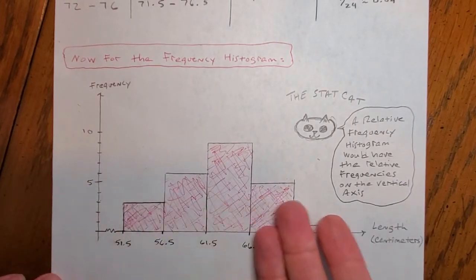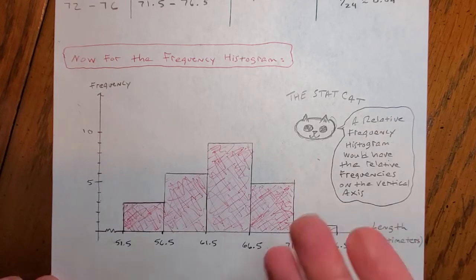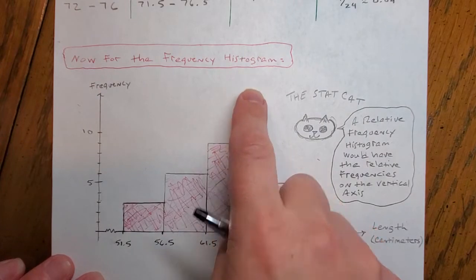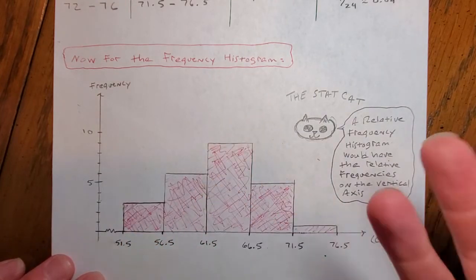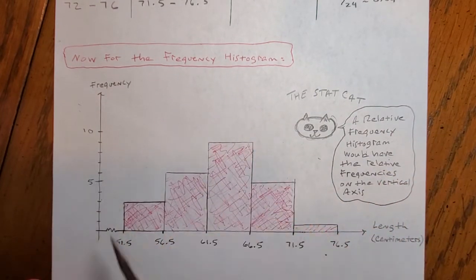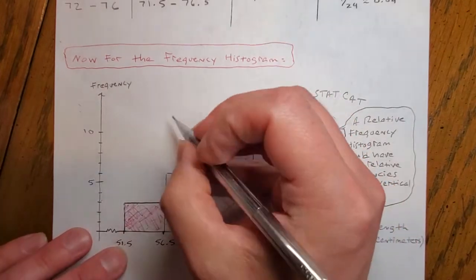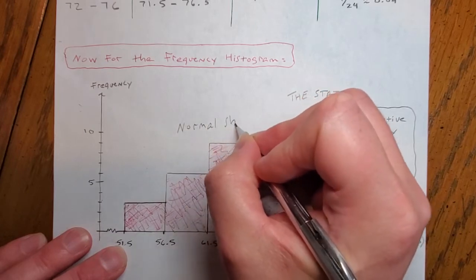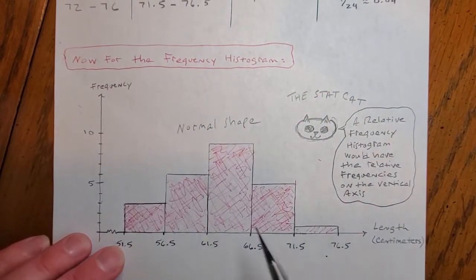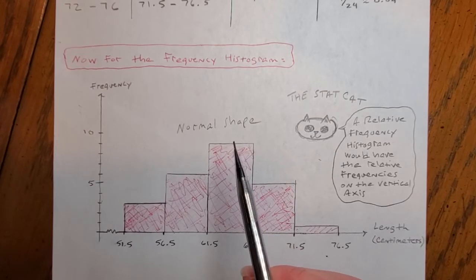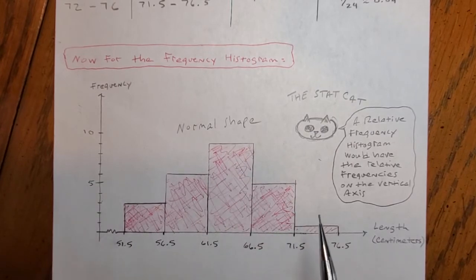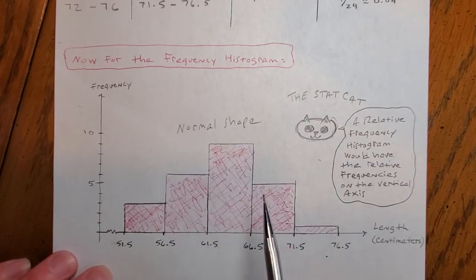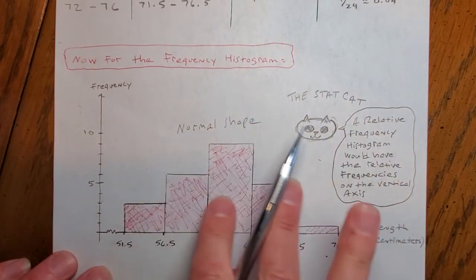I continue to do that through the rest of them. Now when we draw a frequency histogram, they typically have certain shapes to them. This one has what I would say is a normal shape. Just about everything you measure about people or animals has this shape, where most of the people or most of the animals are clustered in the middle.